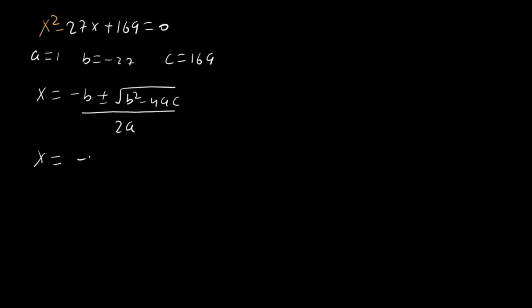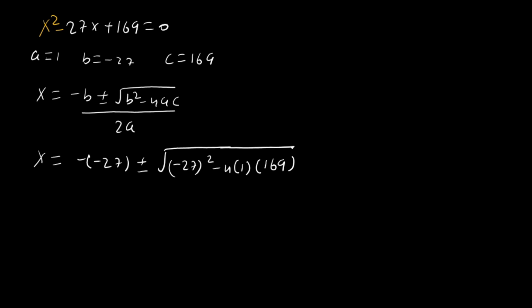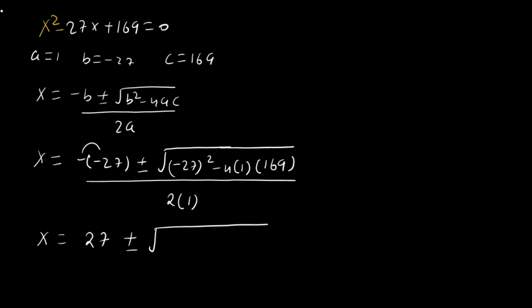Here x is equal to minus b, replaced by minus of minus 27, plus minus square root of minus 27 whole square minus 4 times 1 times 169, divided by 2 times 1. Then x is equal to 27 plus minus square root of 729 minus 4 times 169, that is 676, divided by 2.